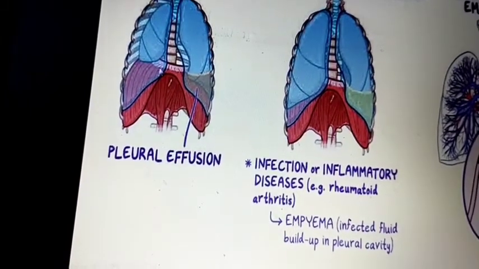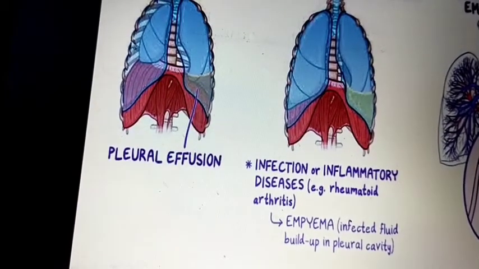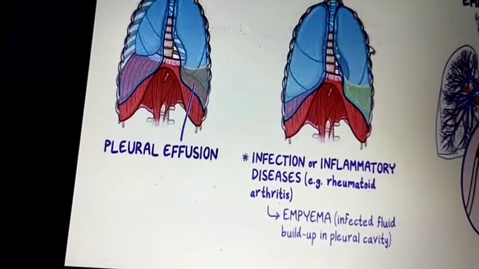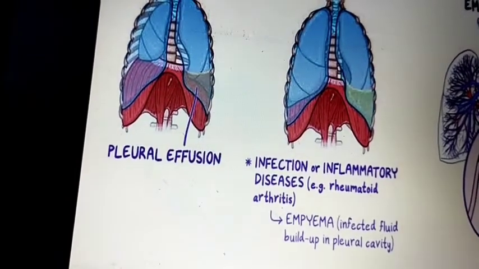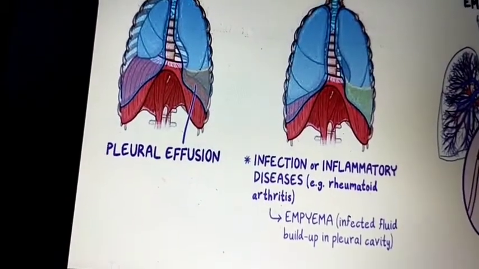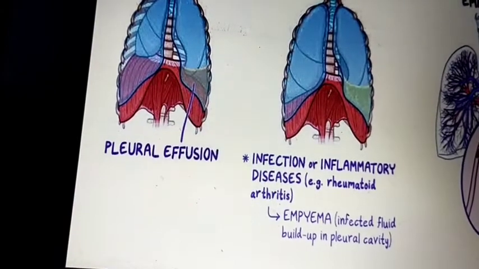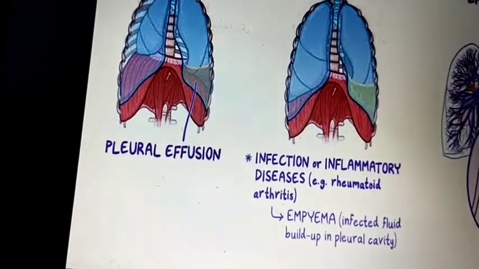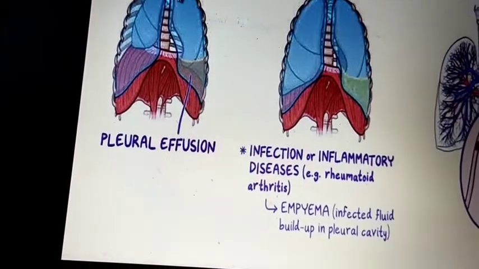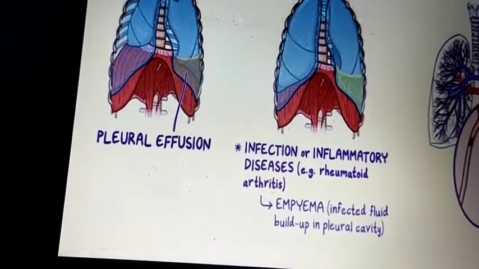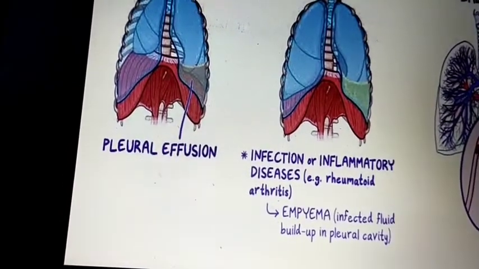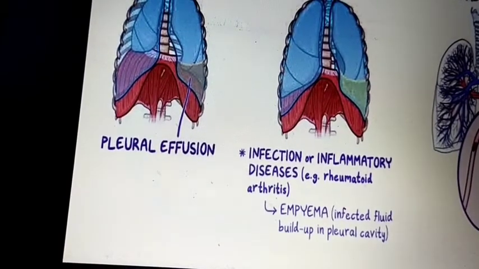The pleural cavity is completely full of air. If it is air, it is pneumothorax. If it is pus, then it is empyema. Empyema means a collection of pus in the pleural cavity. Pleuritic chest pain is mainly because of inflammation of the pleura.